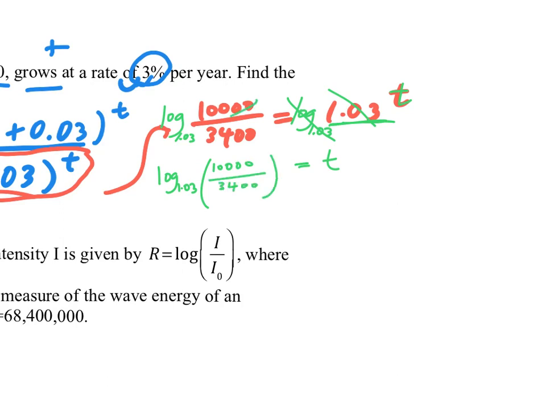Notice that if you wanted to, you could have cleaned that up as like 100 over 34, right? That's just a slightly reduced version. So plug this into your calculator and you get 36.497... So you need to have, right, about 37 years until you will exceed the population of 10,000.